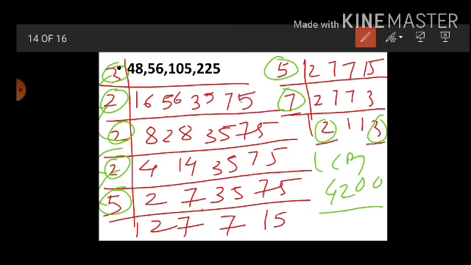Sorry, not 4200 students. See here, again 2 and 3 are remaining.